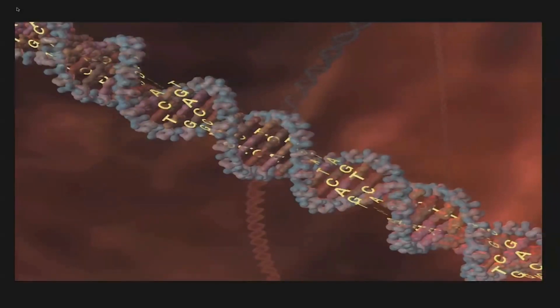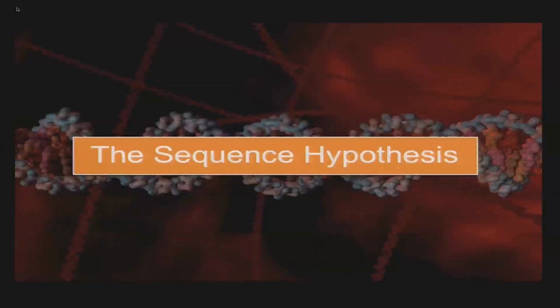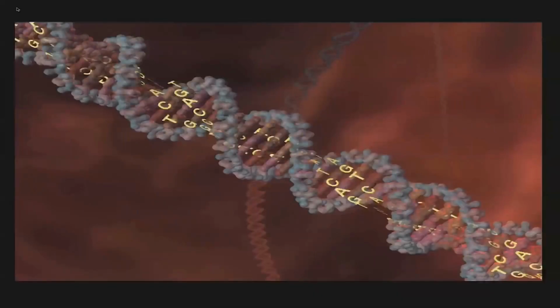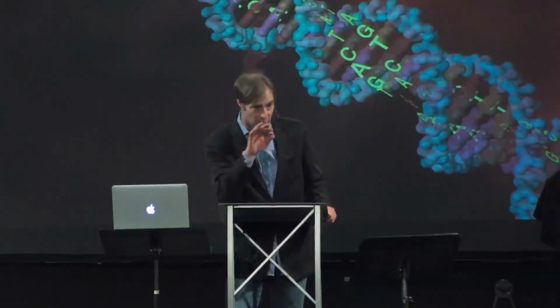in a digital form. In 1957, Francis Crick proposes something called the sequence hypothesis, in which he suggests that the chemical subunits along the interior of the DNA molecule are functioning like alphabetic characters in a written language or digital characters in a section of machine code, the zeros and ones in a section of software.